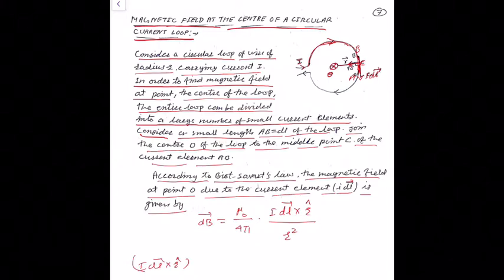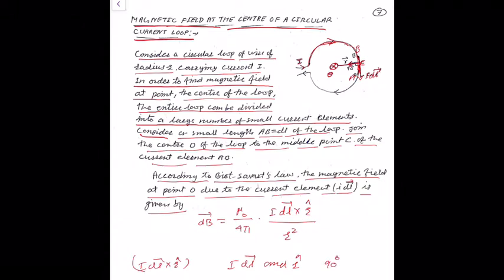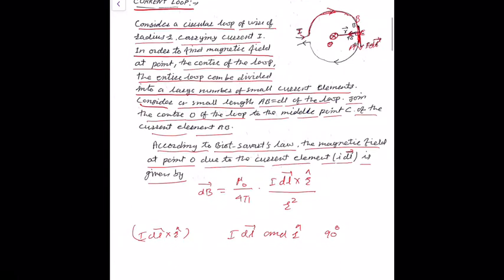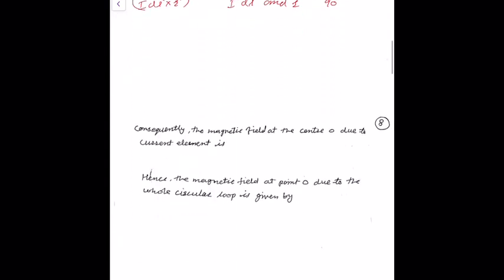Here cross at the center O, since angle between I dl and r cap is 90 degree. That is, the direction of I dl is along the tangent. Clear?